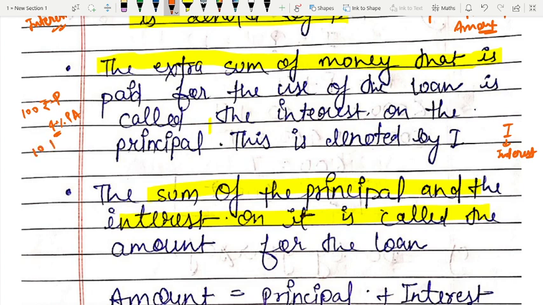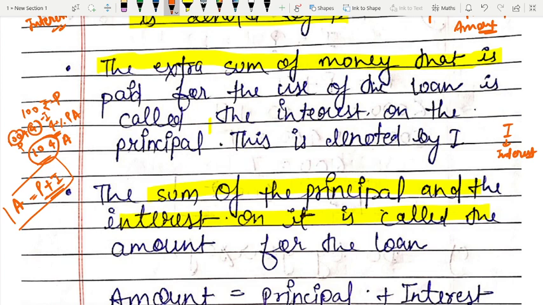So 104 was your amount: 100 principal plus 4 interest. So principal plus interest will be our amount.